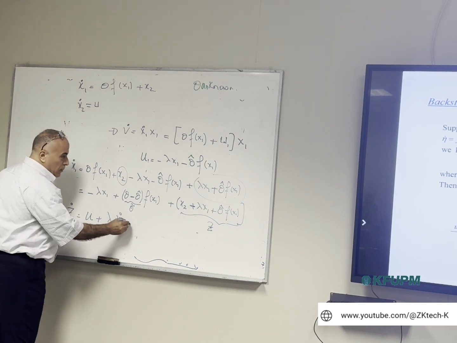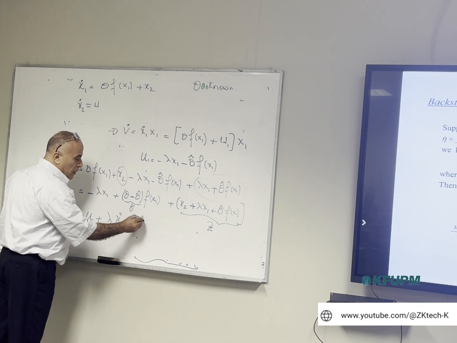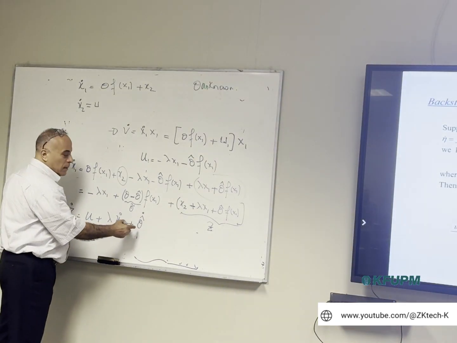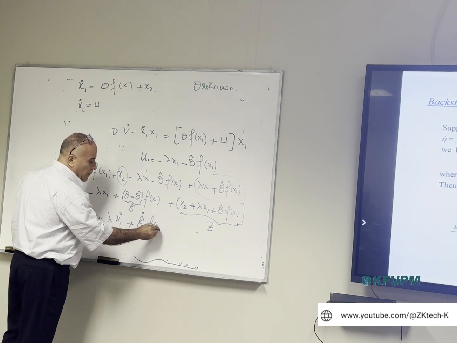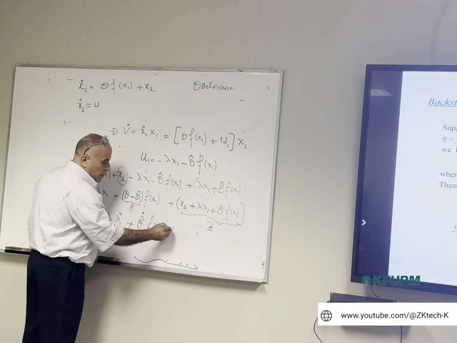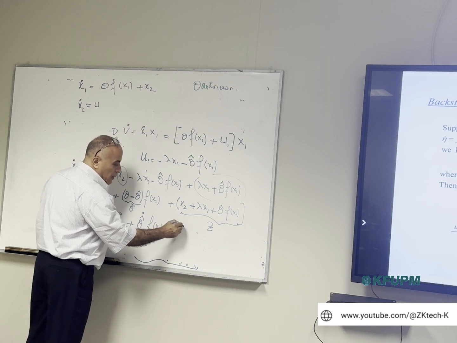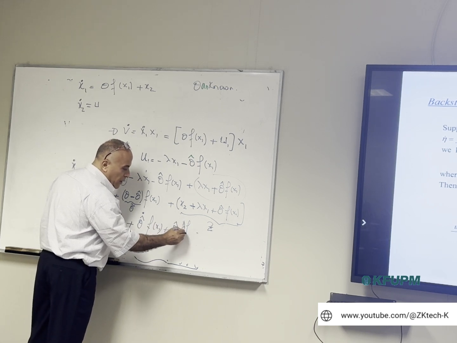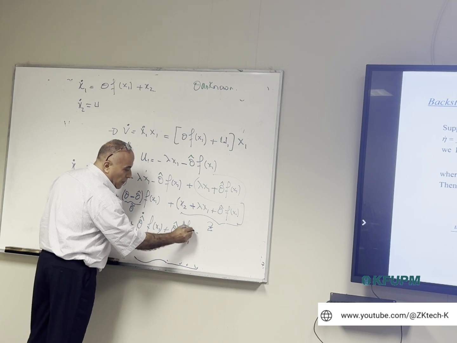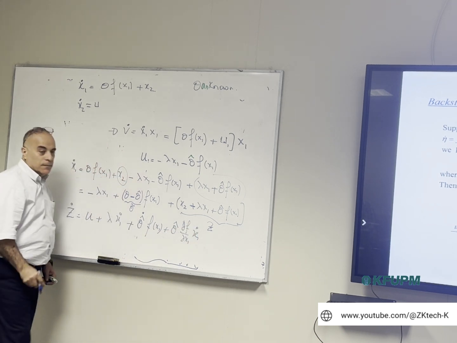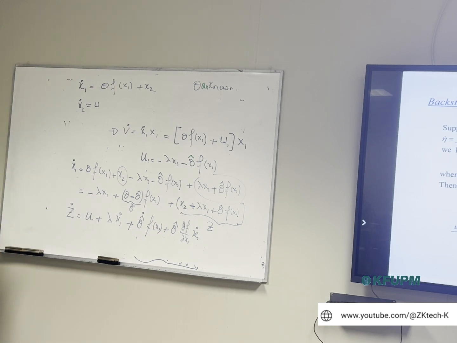So this will be equal to plus theta hat dot, the derivative of theta hat, multiplied by f of x1, plus theta hat f dot, the derivative of f with respect to x1, multiplied by x1 dot. This is your new derivative. Everybody agrees with this? Anybody has a question up to here? What I'm doing? No questions?